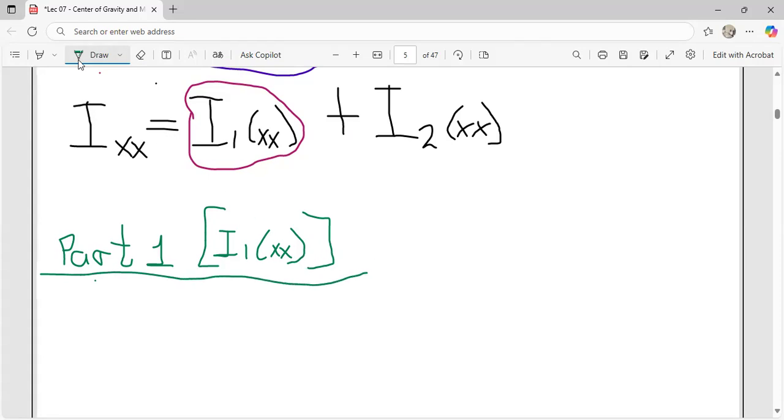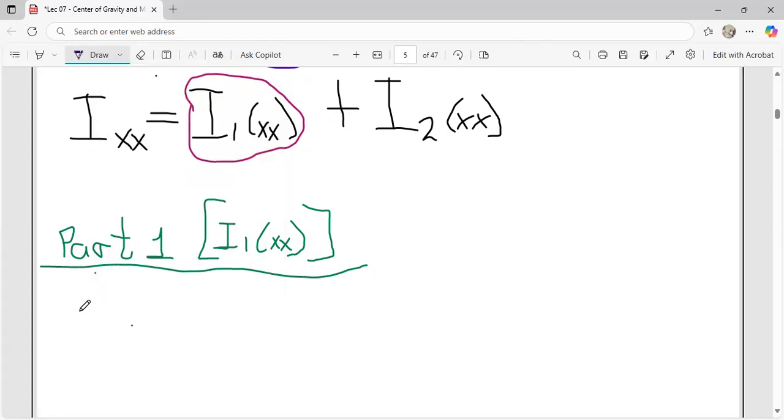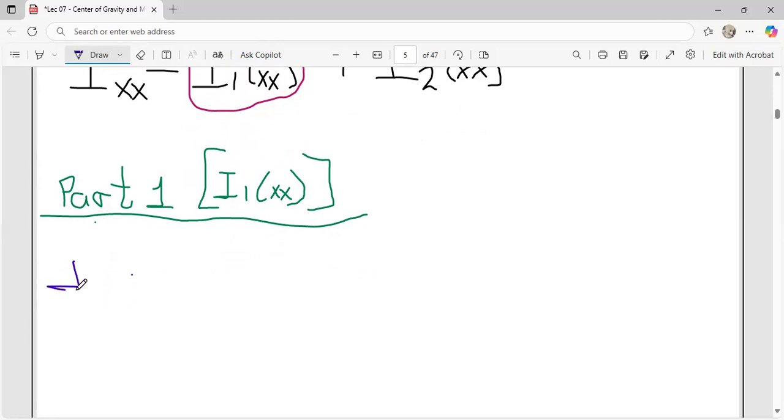And the formula is giving us this. It's equal to, from what we learned earlier, all over 12, because it's a rectangle.